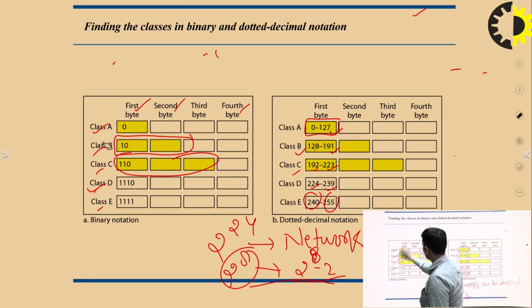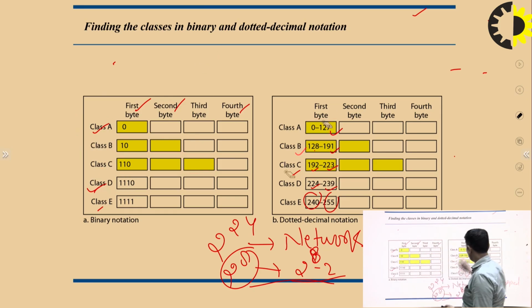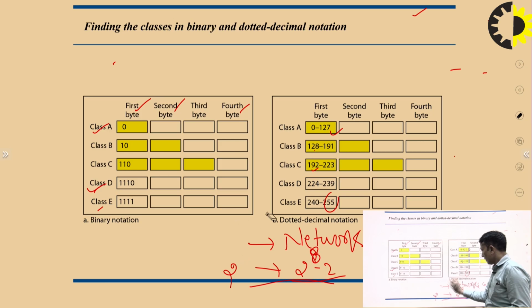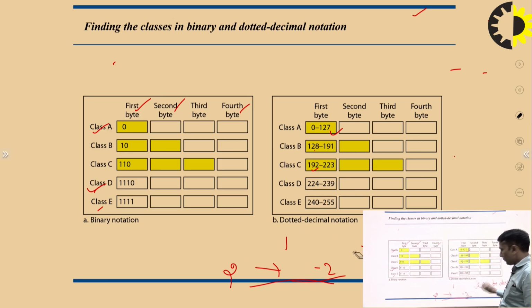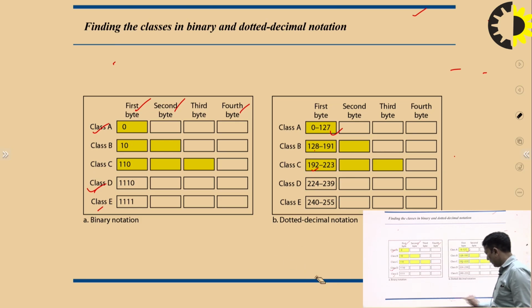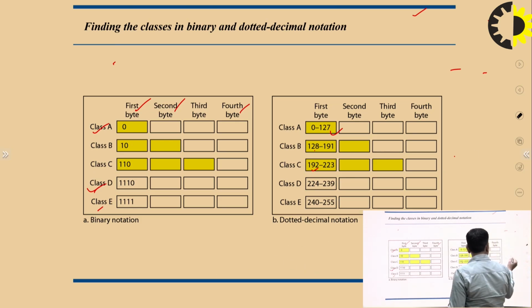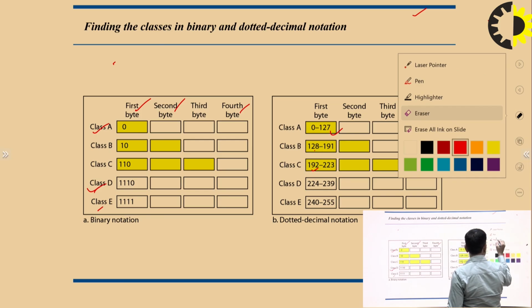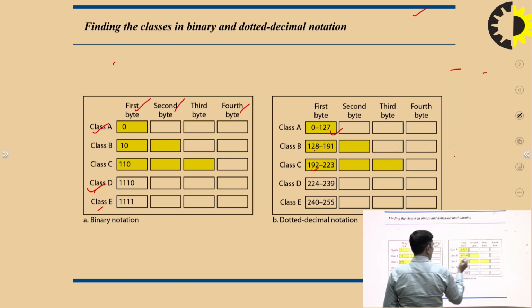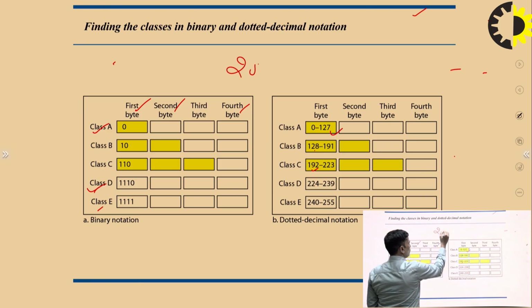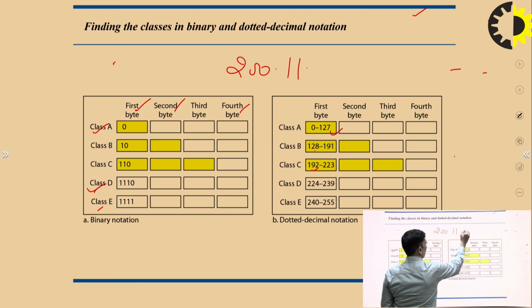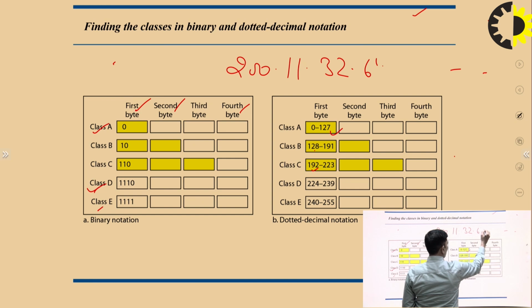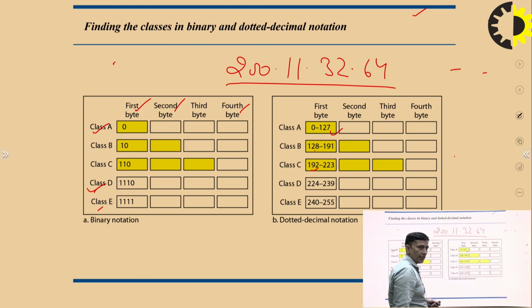Let us take an example: an IP address is given and they will ask, please tell me the class of this address. Suppose you are given 200.11.32.64. The sample of this IP address is given and they will ask, please tell me what is the class of this IP address.